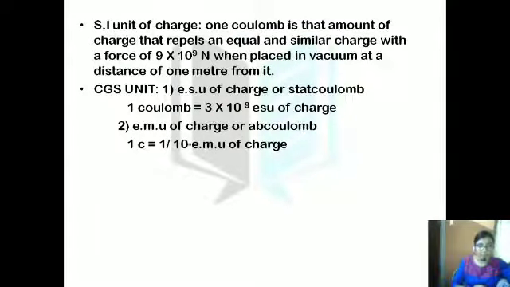Now in this expression we had discussed that F is 1 by 4 pi epsilon naught Q1 Q2 by R square, and we had taken the SI unit of charge to be coulomb.